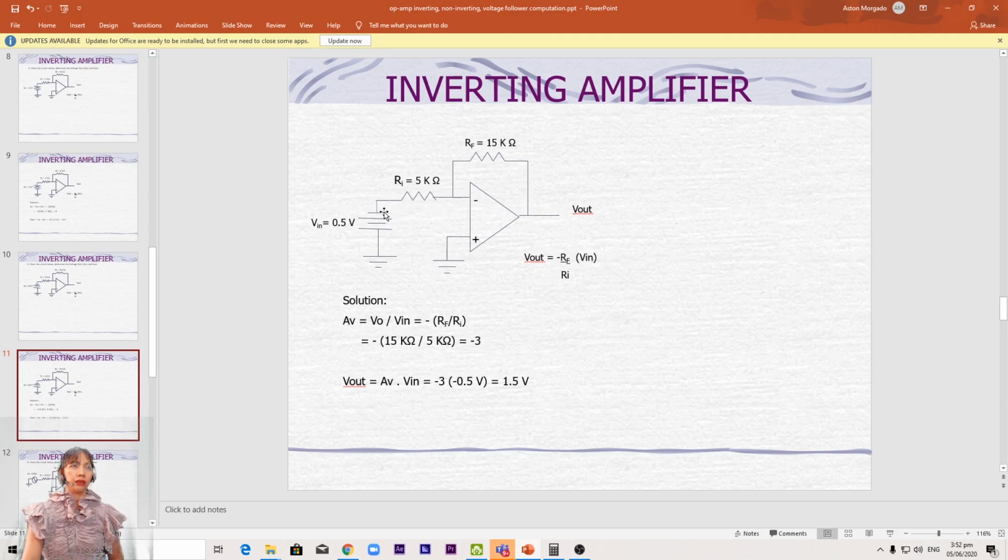So you have voltage gain negative 3 times negative 0.5, giving a positive 1.5 volts output. Using a VOM here, we should be able to measure 1.5 volts.